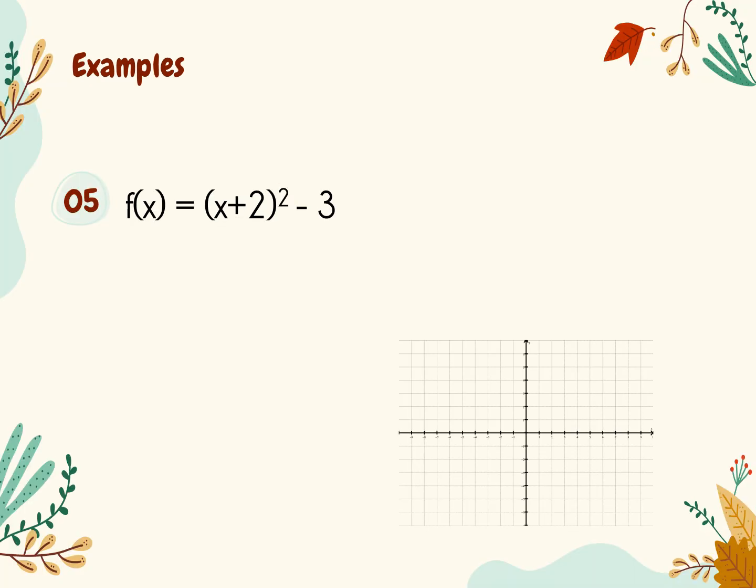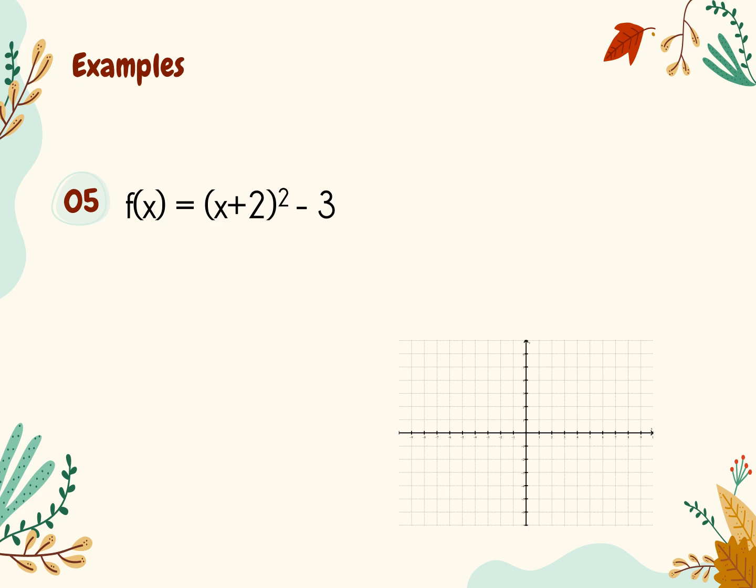All right, so let's use this information to graph a parabola. With no prior knowledge of this lesson, let's say I didn't explain any sort of vertex form, this should be something that we're able to graph. So we have x plus 2 squared minus 3.